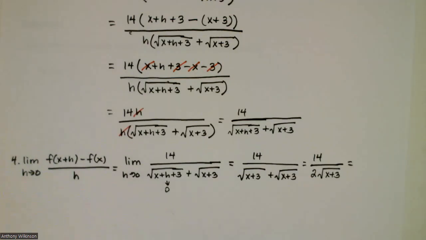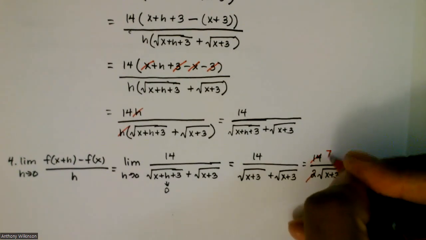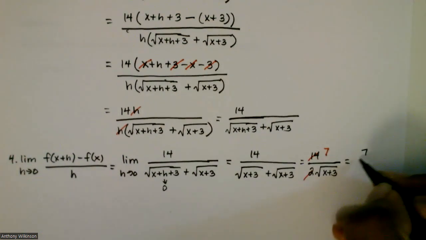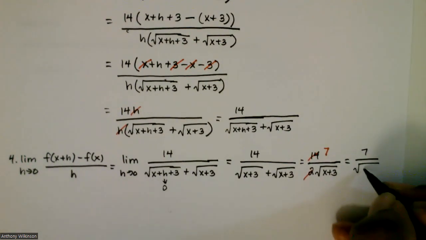And guess what? I can divide 2 into 14. That will go 7 times. So that means here, I will end up with 7 divided by the square root of x plus 3.